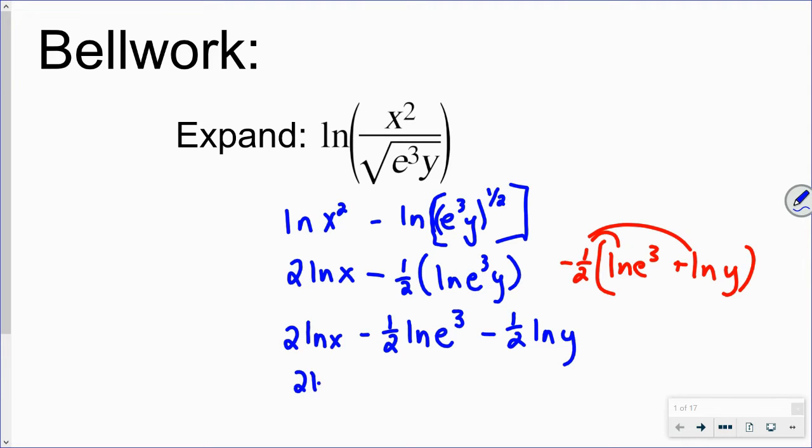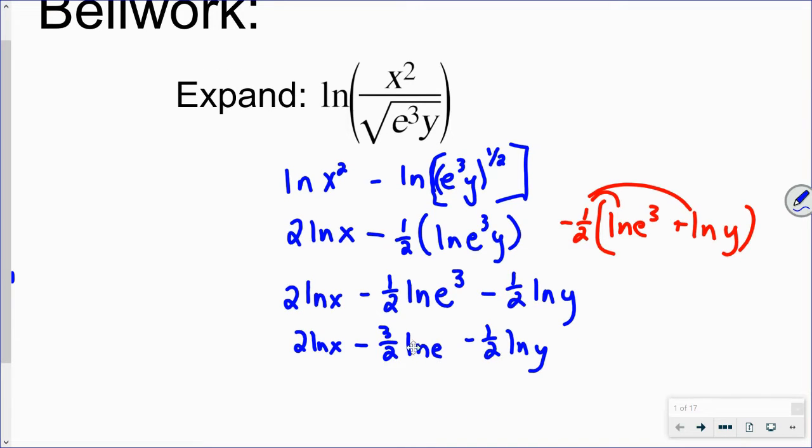So you have 2 ln x minus 3/2 ln e minus 1/2 ln y. And then the last thing you have to notice here is that I have ln e right here. Ln e is just 1, so that cancels, and you're left with that negative 3/2.